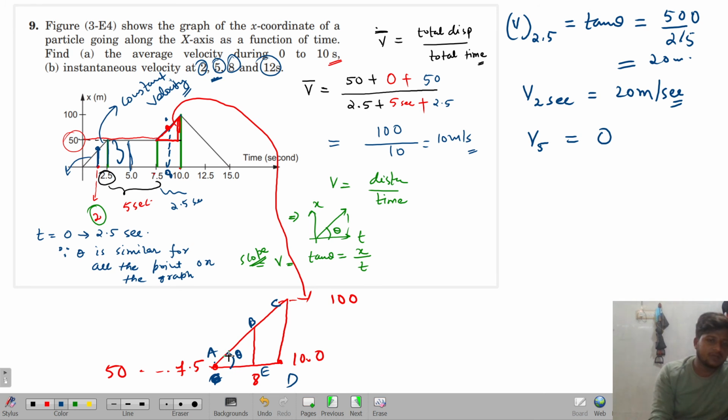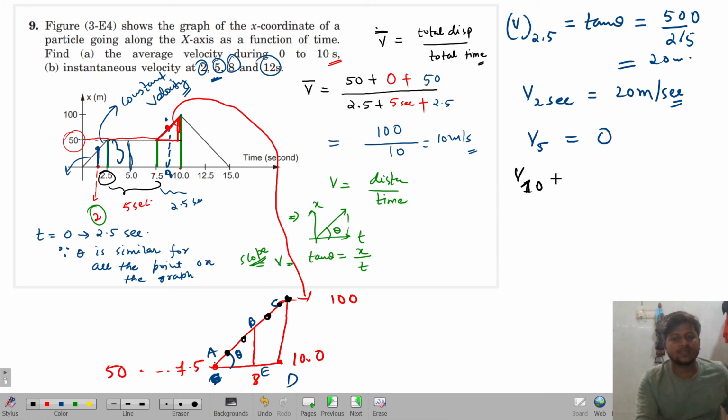If I select point P1, P2, P3, P4, at each of these points the velocity is going to be similar. So instead of finding the velocity at 7.5, find the velocity at 10 seconds directly.